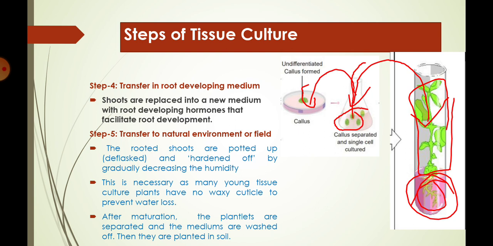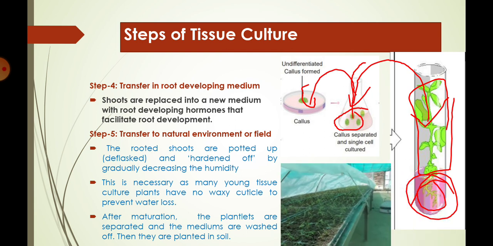That is, when a plant with roots and shoots is developed, then it is separated from the flask and hardened off. What is hardening off?